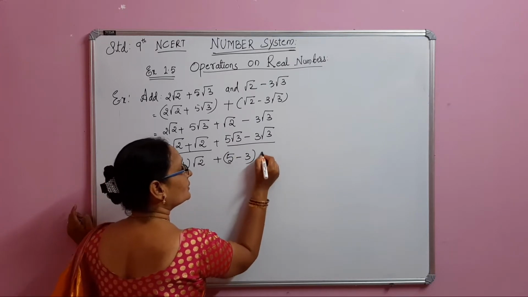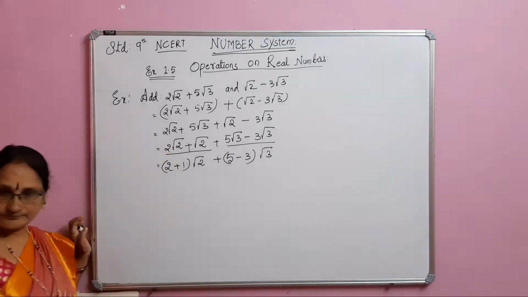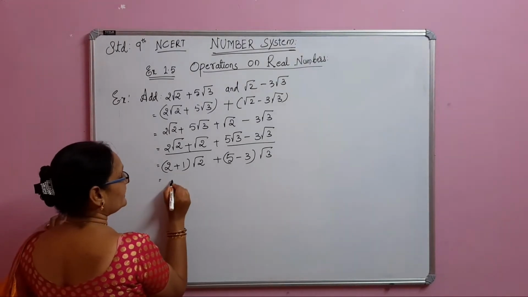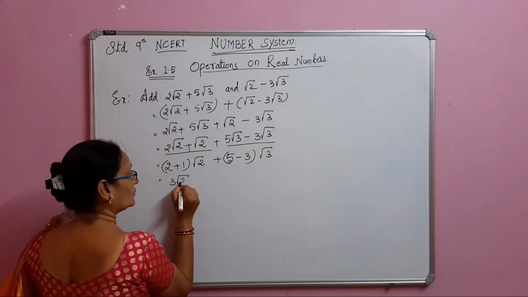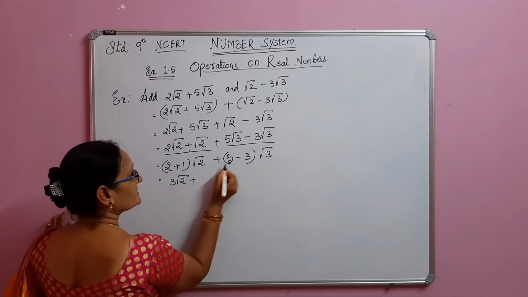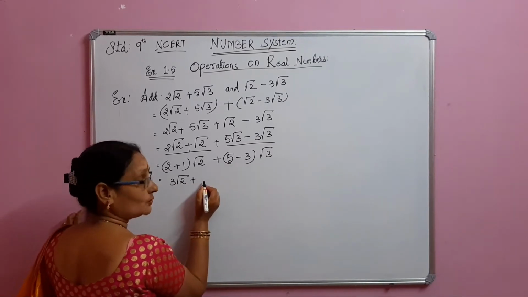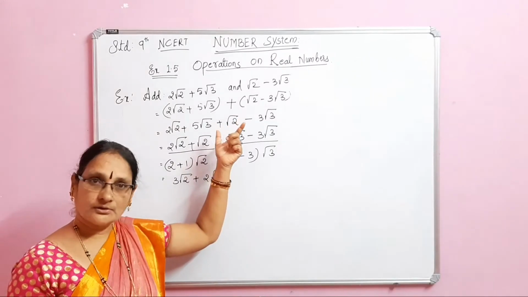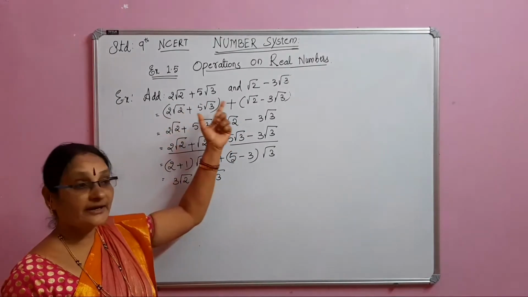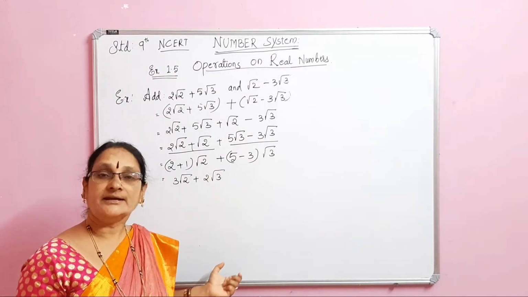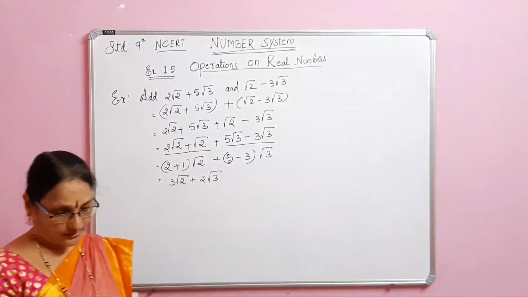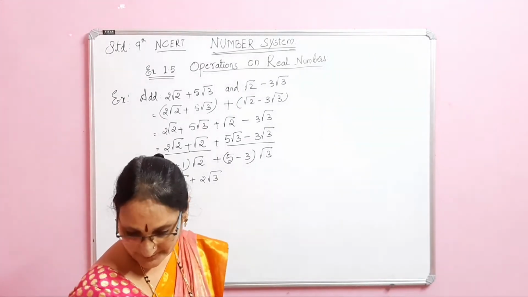Following? Now 2 plus 1 is 3 root 2, plus 5 minus 3 is 2 root 3. So when we add two irrational numbers, we get an irrational number. Like this, if we go on solving a few problems, you will become perfect.